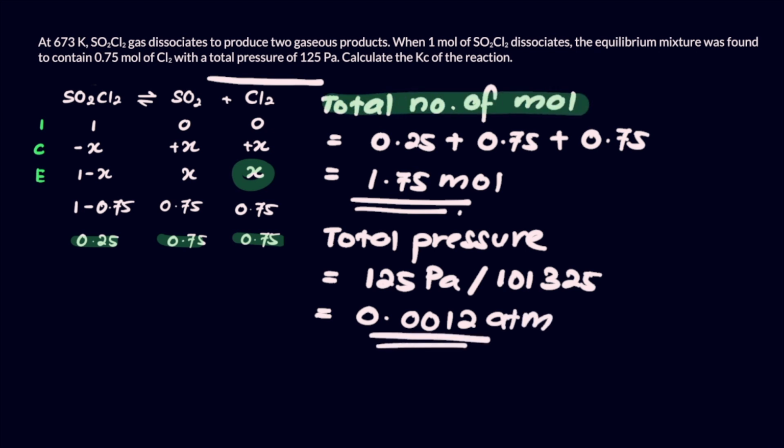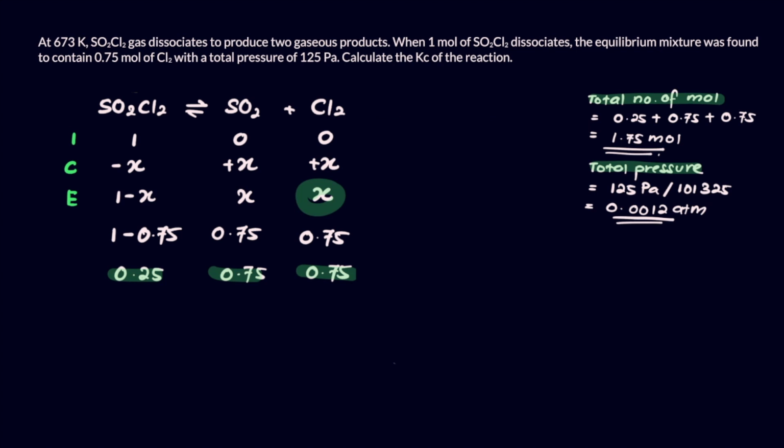So you have the total number of mole and also the total pressure. Since we have these values, we need to calculate the mole fraction as well as the partial pressure, because you are going to calculate first the Kp, then followed by the Kc. Alright, let's continue on. So we first want to calculate the mole fraction.